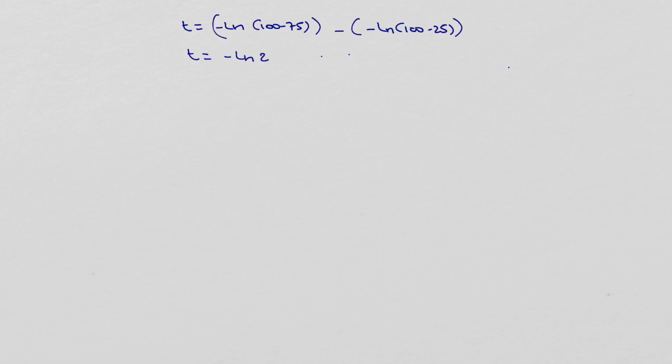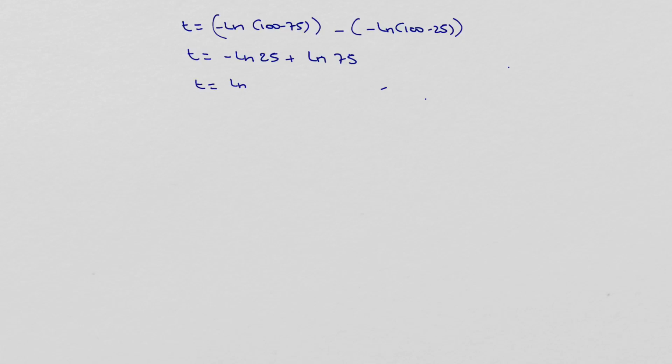All right, so if I sub in my limits, what do I have? Well, my time is equal to minus natural log of 100 minus 75, minus, in brackets, minus natural log of 100 minus 25. So we end up with minus natural log of 25 plus natural log of 75.